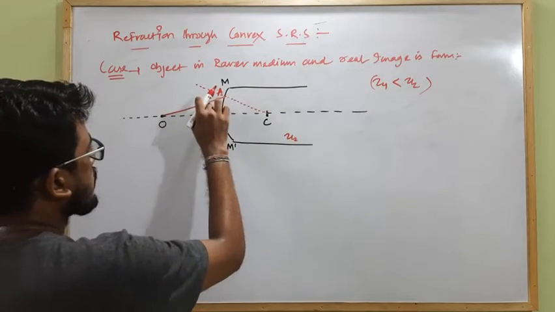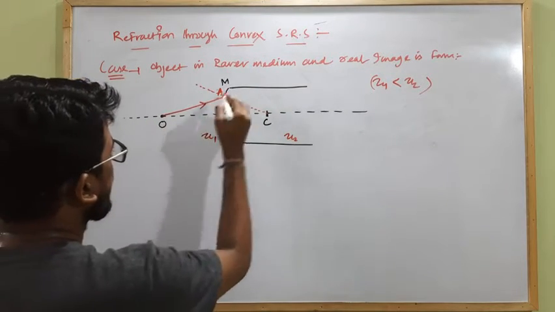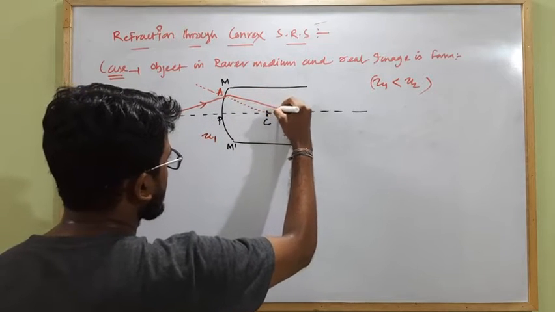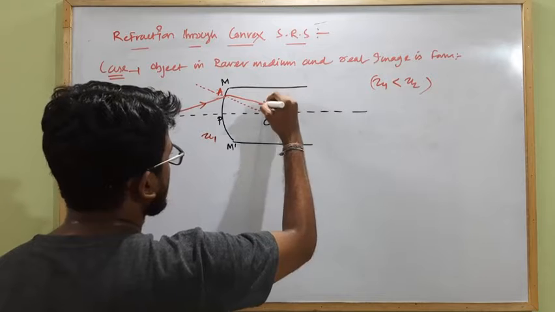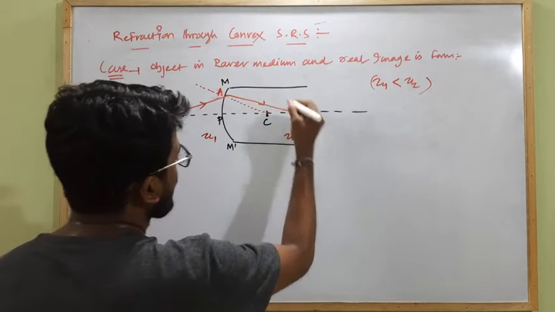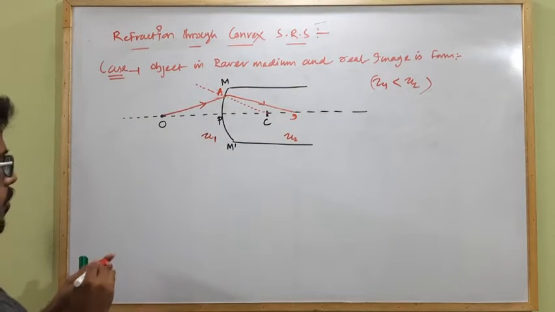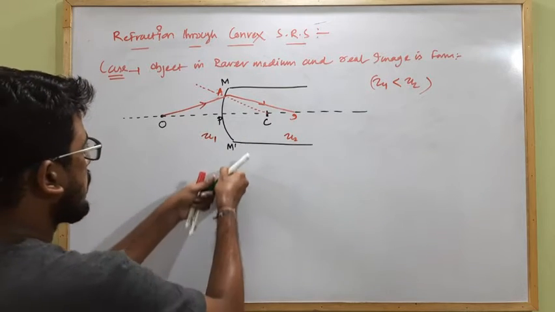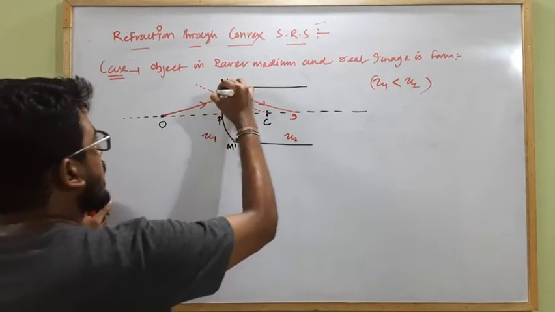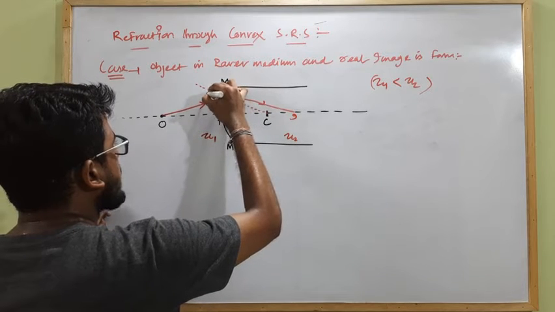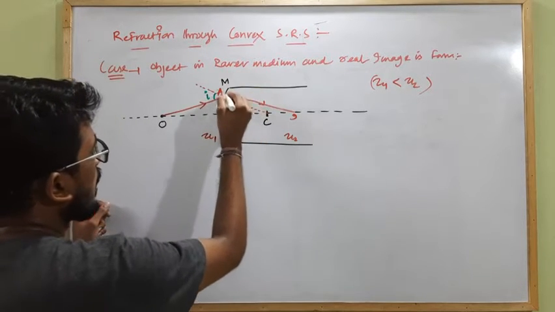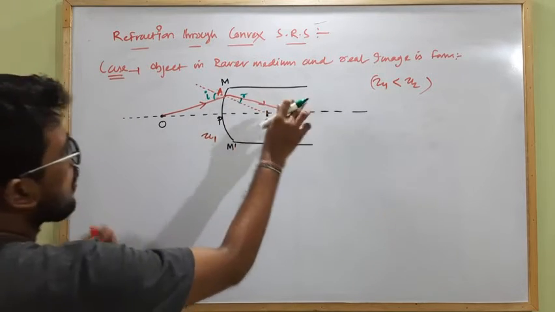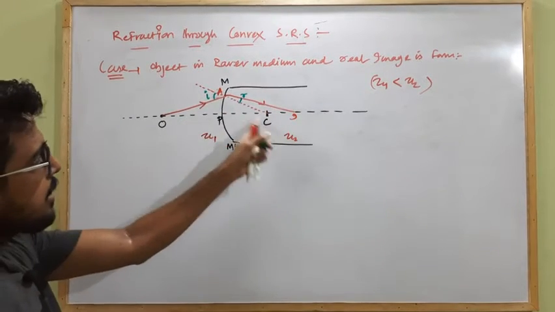As light travels from rarer to denser medium, after refraction it will bend towards the normal, so it will move like this. Here this will be the image I of the object O and this is the real image. The incident ray makes an angle i, the angle of incidence, with the normal, and the refracted ray makes an angle r with the normal CA.